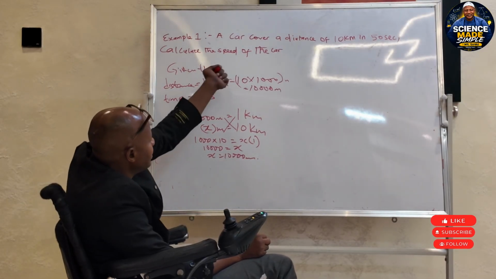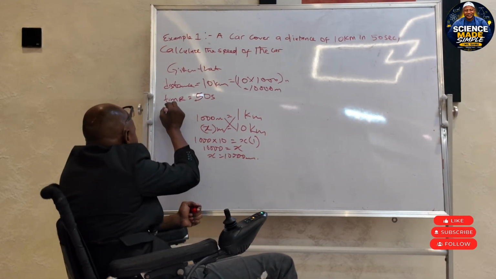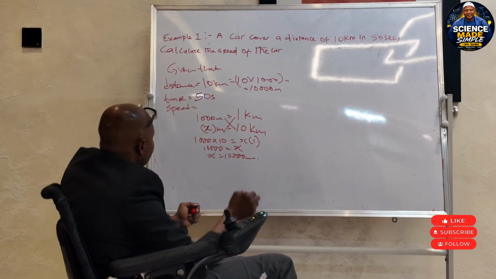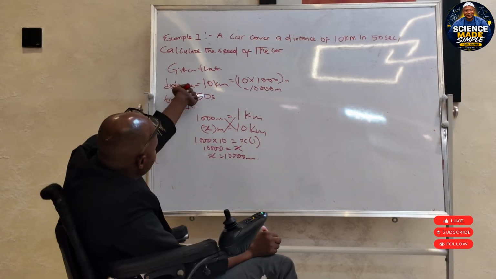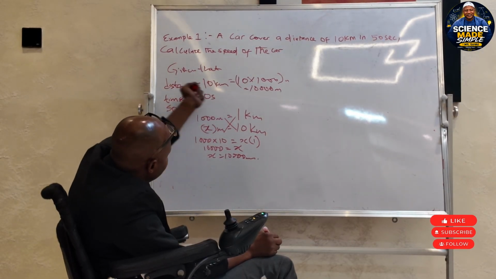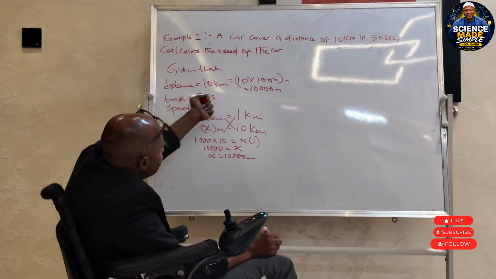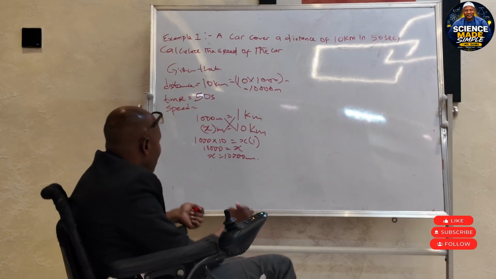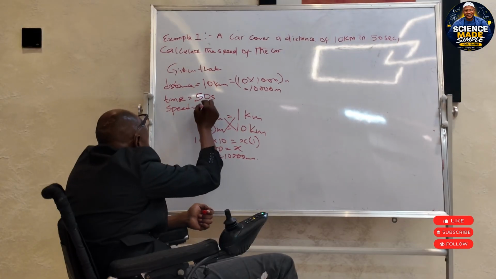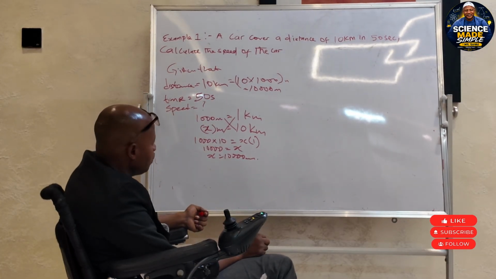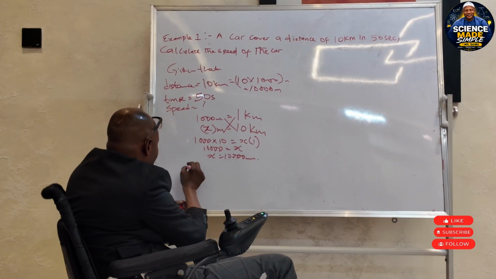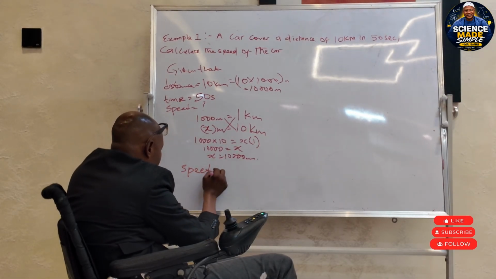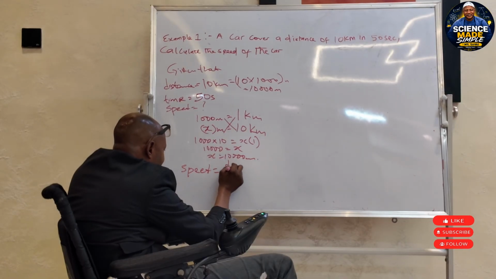And calculate the speed. We are asked to calculate the speed. Under our given values, from the question we have our distance to be 10 kilometer, our time to be 50 seconds, and we are asked to calculate the speed. You put a question mark on the value that we are to calculate.